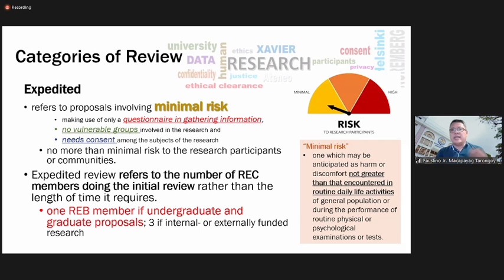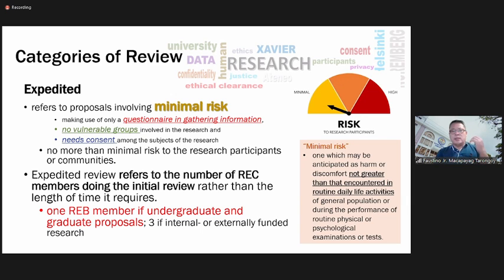Now, the word expedited in this classification does not mean shortness of the length of time for your proposal to be reviewed. Expedited simply means reducing the number of reviewers needed for a full review.